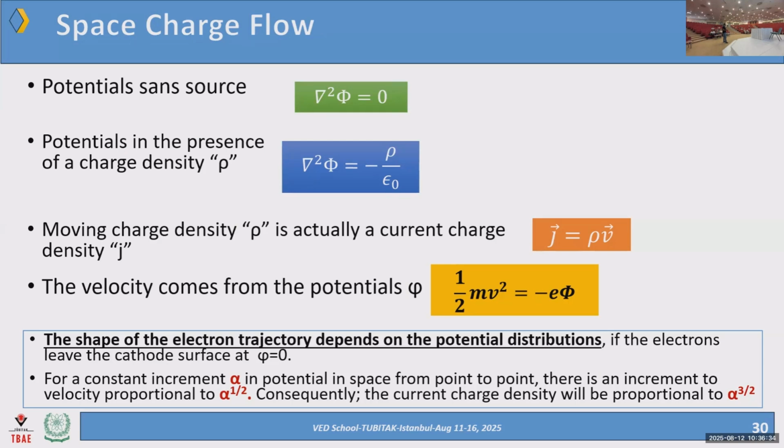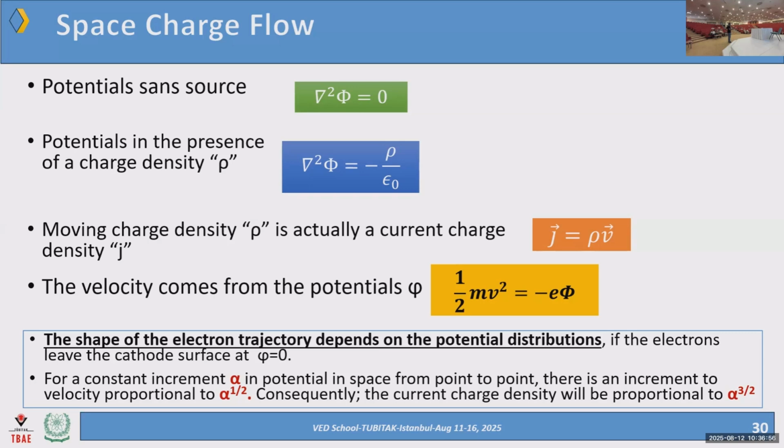The equation is different, and it is worse when the charges are moving. When the charges are moving, the velocity comes from the potential. Of course, the charges will interact with the potential lines, and they will gain velocity.